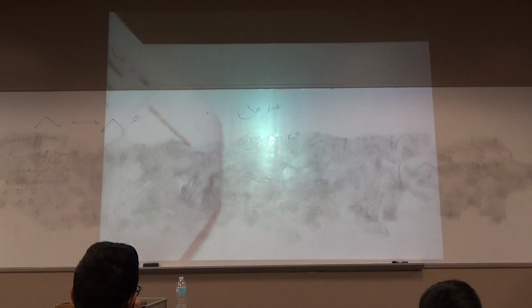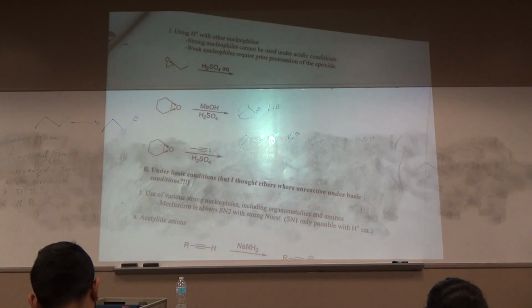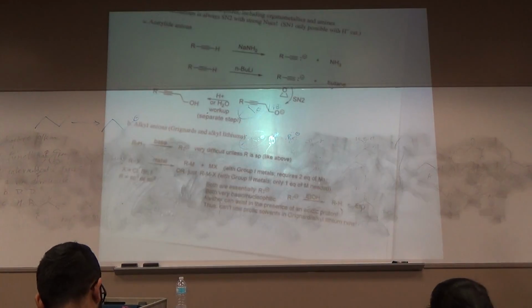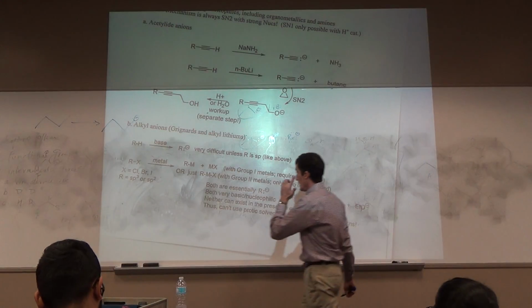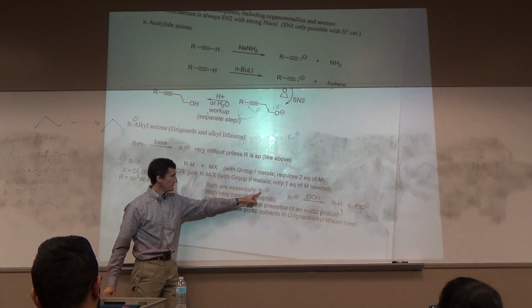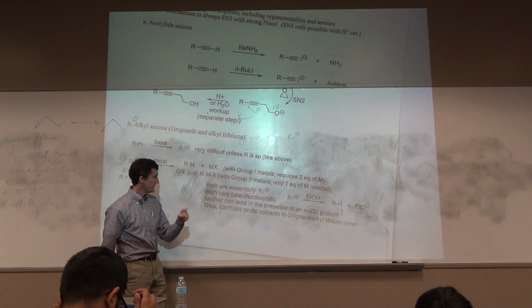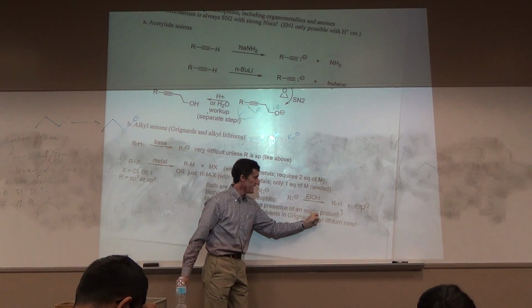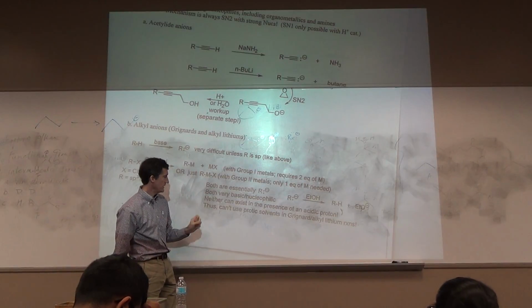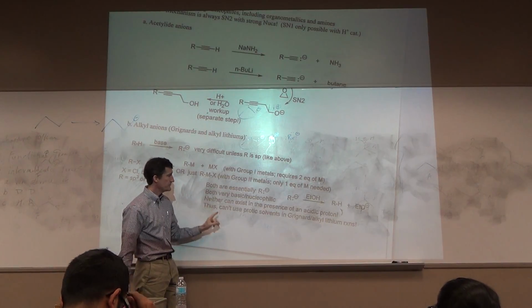Previous page, make sure we saw everything. All these organometallics are essentially R-, very basic, nucleophilic. Importantly, neither can exist in the presence of acid or acidic proton or just plain protic solvents.